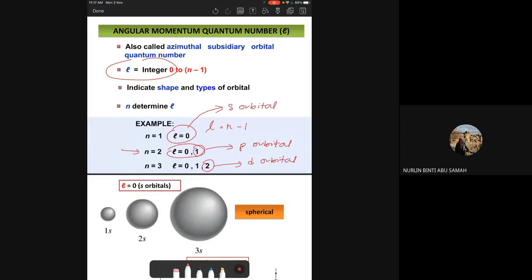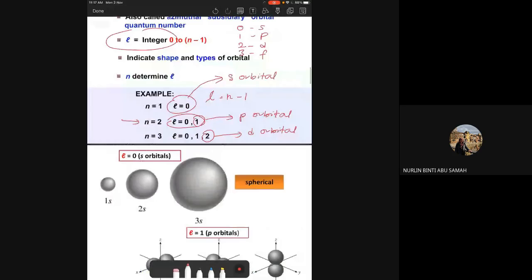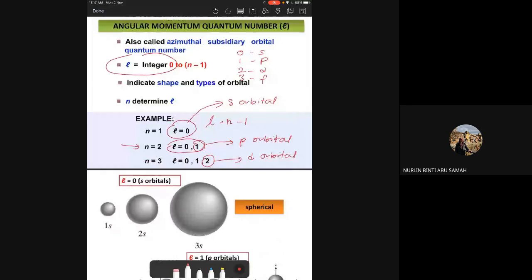Maksudnya kosong S, 1 P, 2 D, 3 F. SPDF concept. Okay, this is very important by the time you want to write the electron configuration in subtopic 3.3. So before you understand how to write the electron configuration correctly, you need to understand what SPDF represents. You must understand this. Okay? Ada soalan ke? Ni clear untuk penentuan shape of the orbital.